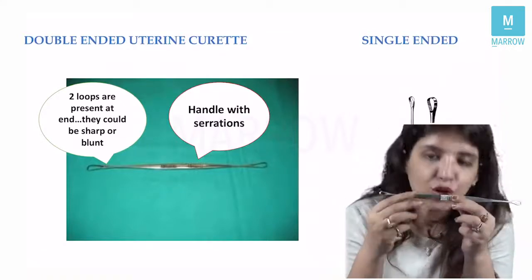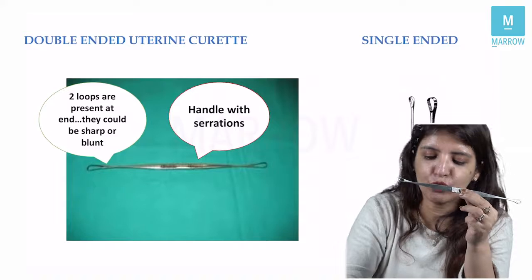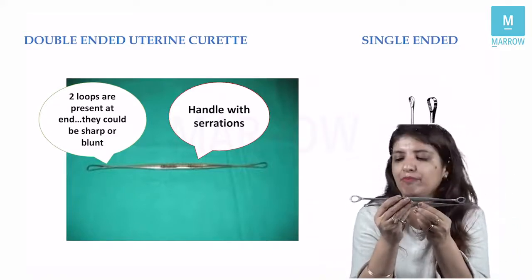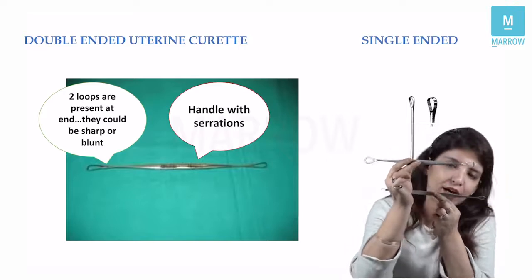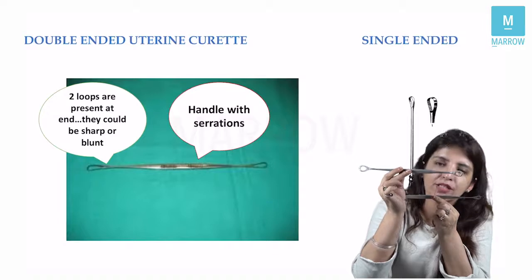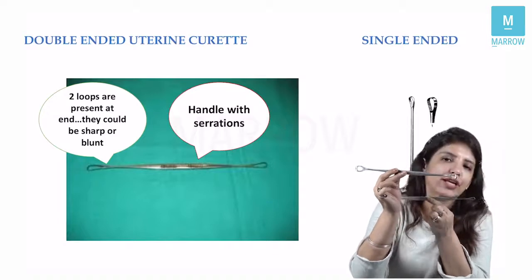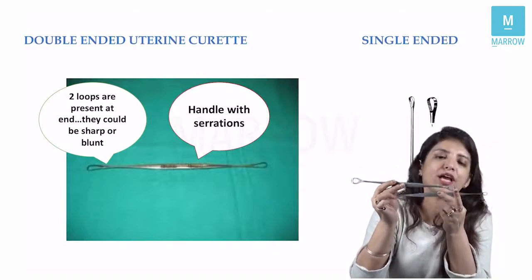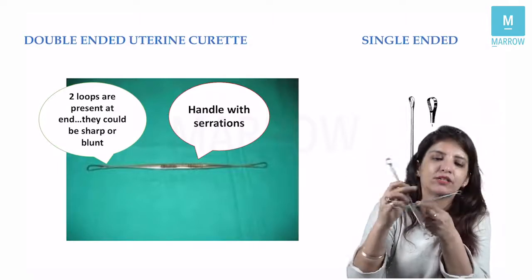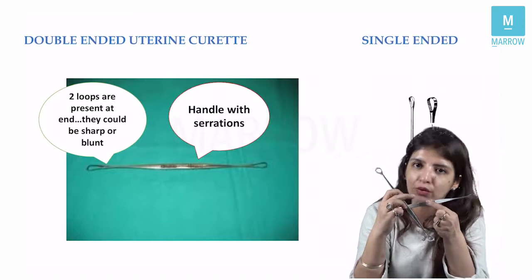Now, this curette you shouldn't confuse with the anterior vaginal wall retractor. I have both of them placed one above the other in front of you. If you look at the anterior vaginal wall retractor, if you look at the ends, they are much wider. The loops are much wider than what they are in a uterine curette.